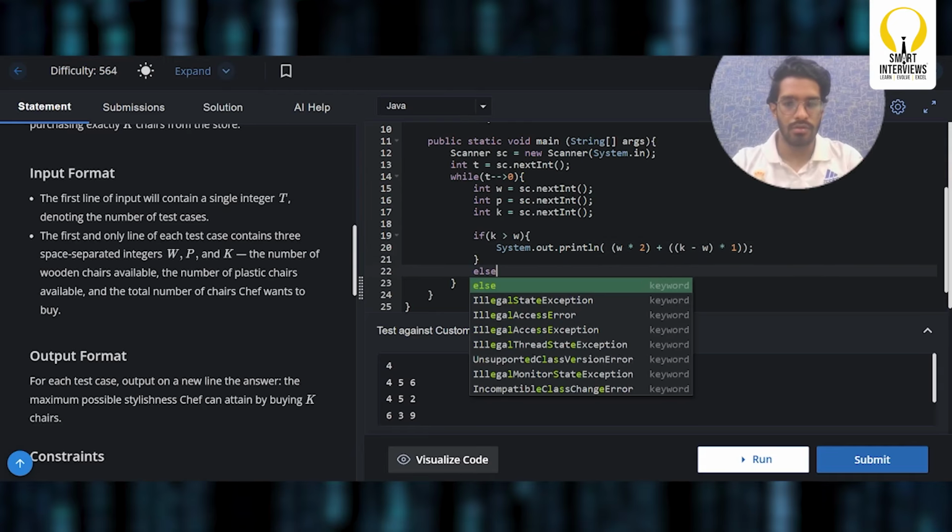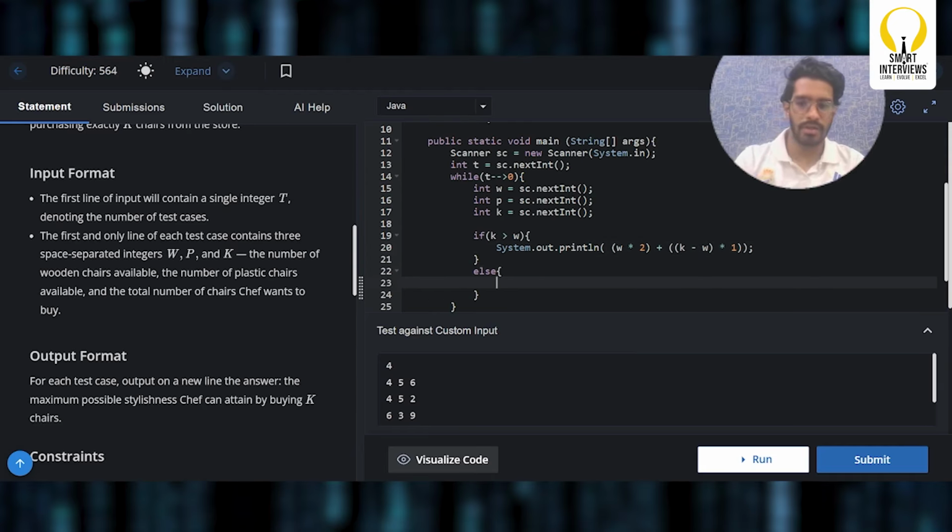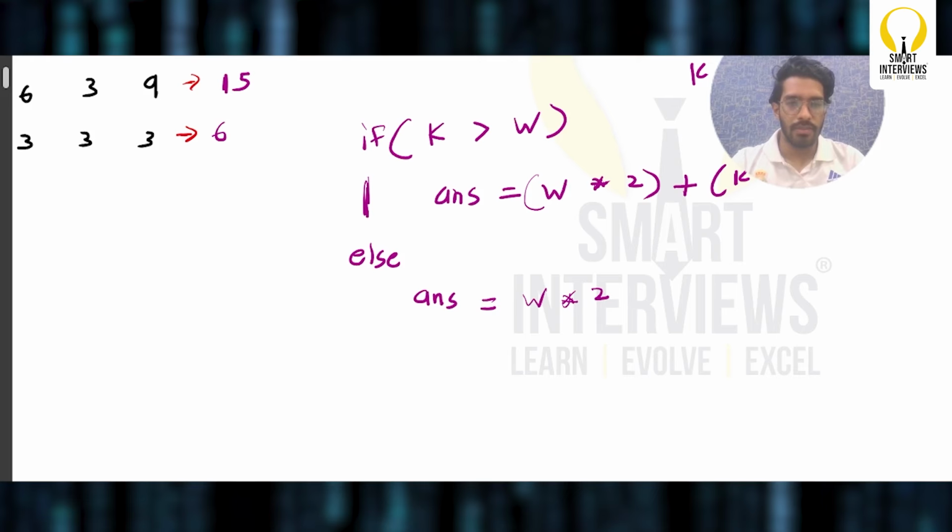Alright. So in the else part, we figured out that if you are having more wooden chairs and if you are having fewer chairs to be picked up, you will definitely consider this case.